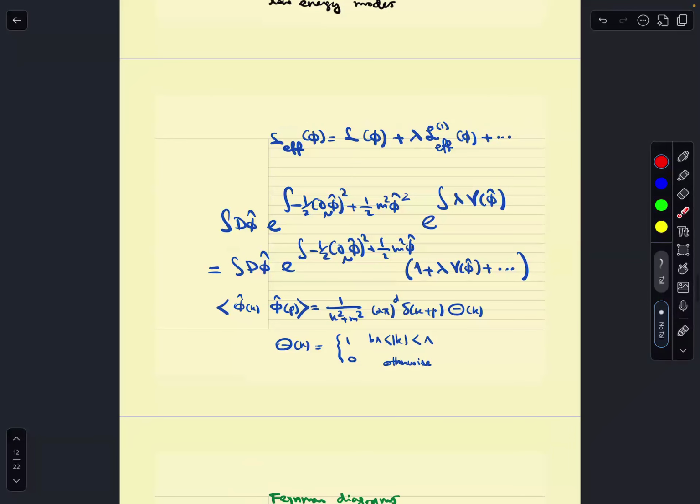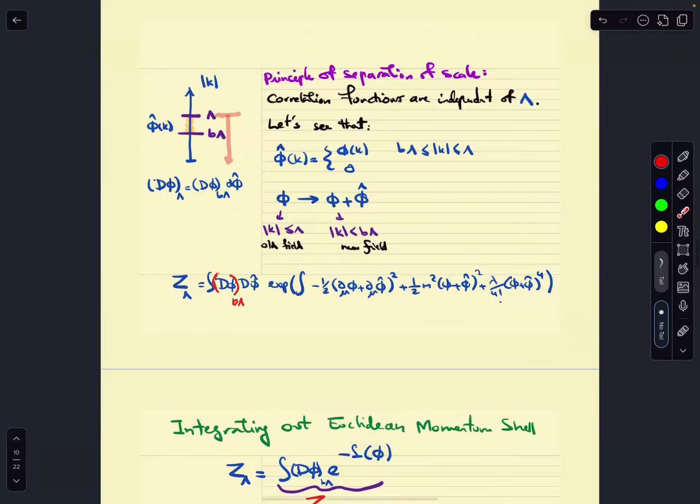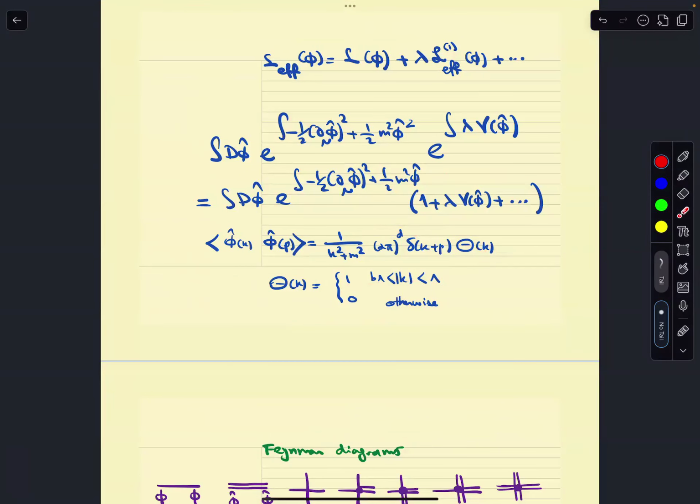But now that you know Feynman diagrams, it's pretty clear that the propagator of the phi hat field is just 1 over k squared plus m squared, times (2 pi) to the power of d, delta of k plus p, times the characteristic function of k. This is the function which is non-zero only in this region. It's 1 in this region and 0 elsewhere, right? The propagator is just that. Good.